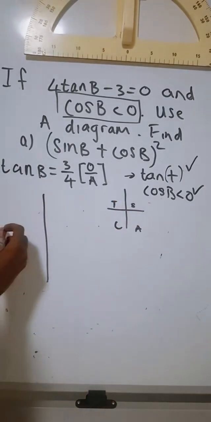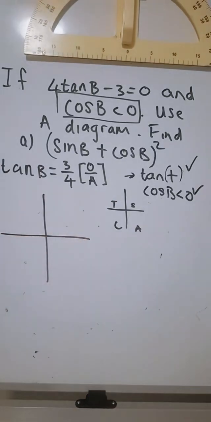It's going to help us locate the correct quadrant where we should sketch our diagram, because that will be where B, the angle, will lie, and its terminal arm. So from here, tan is positive.